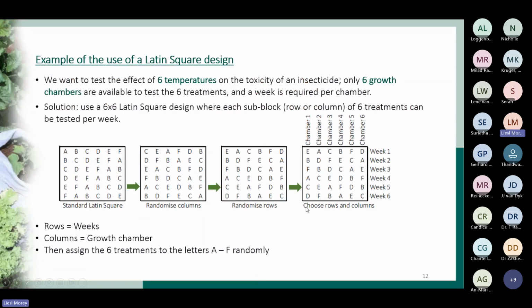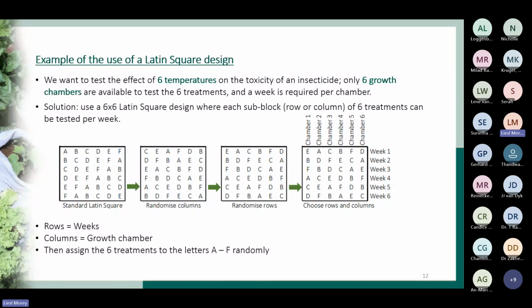So here's another example of a Latin square design. Latin square designs are available in books, or these days we can Google them and tell Google, I want examples of 6x6 standard Latin squares. The important thing to remember is that you cannot use it exactly like you have it there.